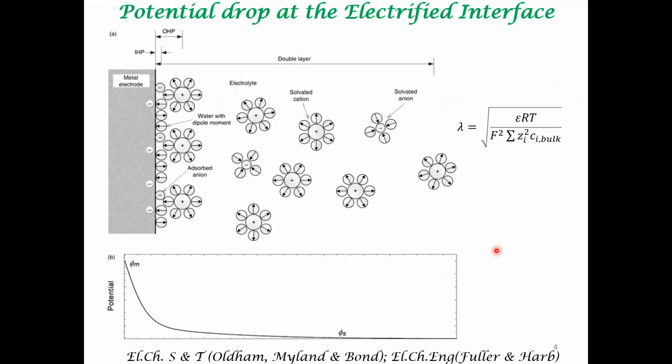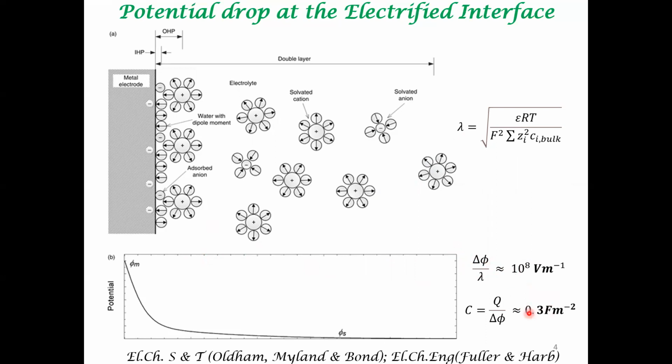So an important length scale is the Debye length scale, that gives you the magnitude of the electric field that is present. To obtain the Debye length scale, it is enough to know the concentration of ions that are present in the solution. And what we try to emphasize is that the electric field present in an electrified interface that you see in an electrochemical double layer is fairly high.